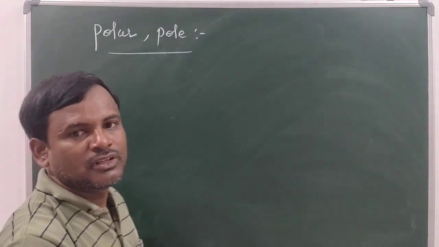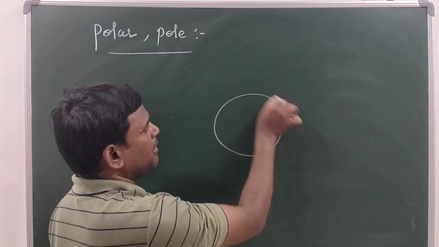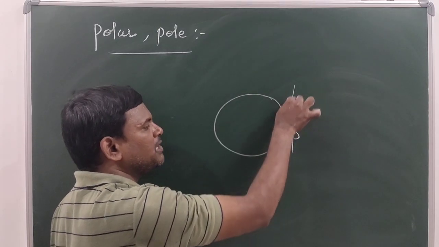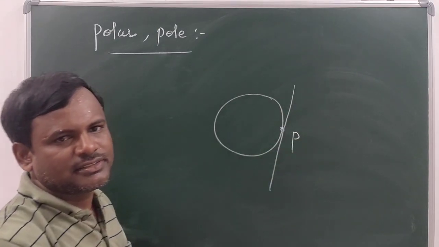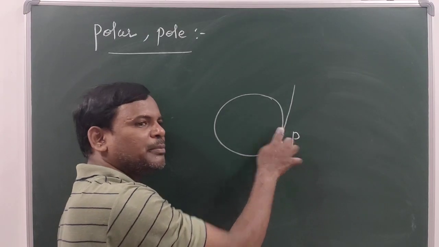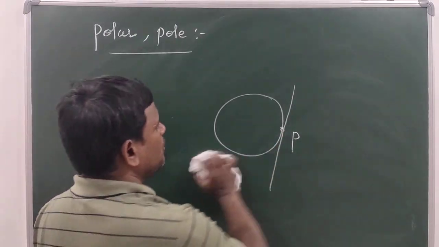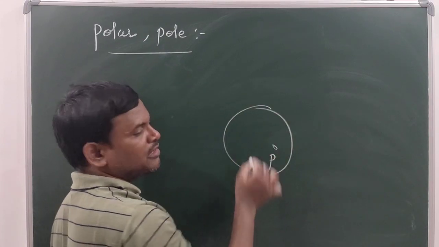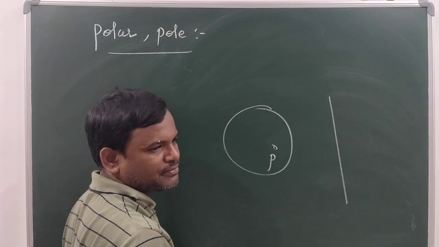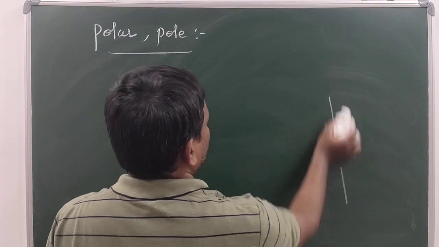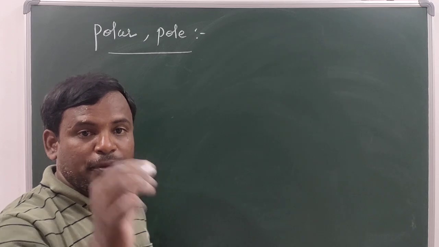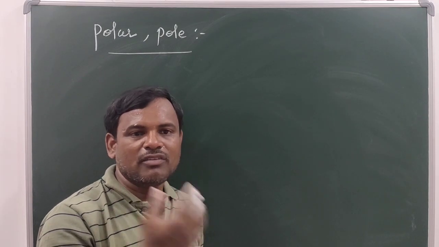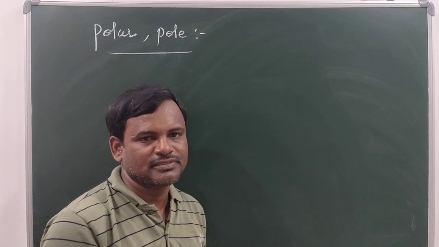So sometimes, if P is there on the circle, then its polar will be the tangent drawn to the circle at P only. Suppose P is inside, then the polar will be outside. Suppose P coincides with the center of the circle, then polar of the center of a circle does not exist. Remember that point.